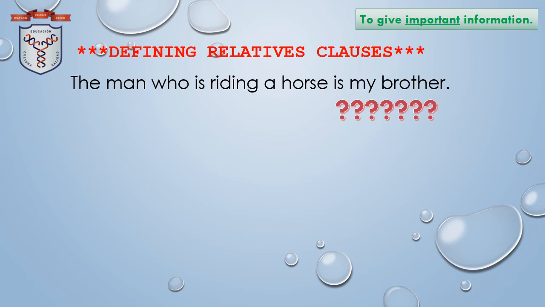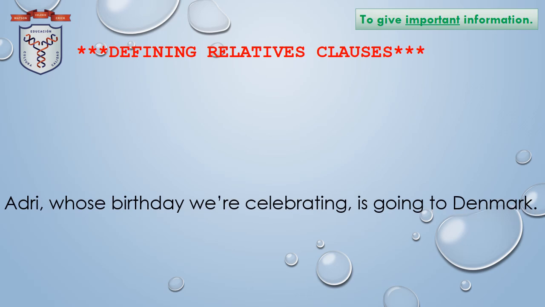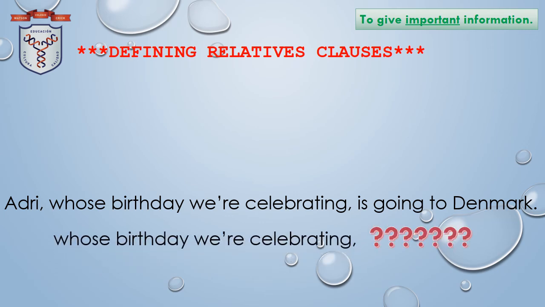Logical demand: but who is riding a horse? Let's check another example. Audrey, whose birthday we're celebrating, is going to Denmark. We are talking about Audrey. Well, who is giving you information? Whose birthday we are celebrating?